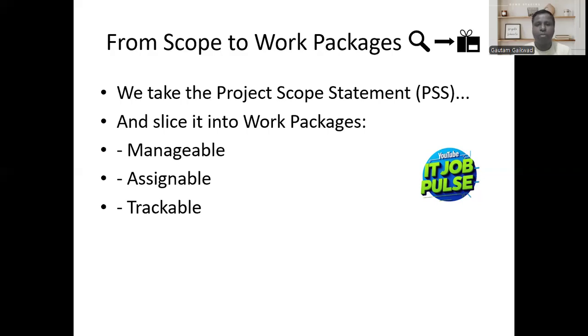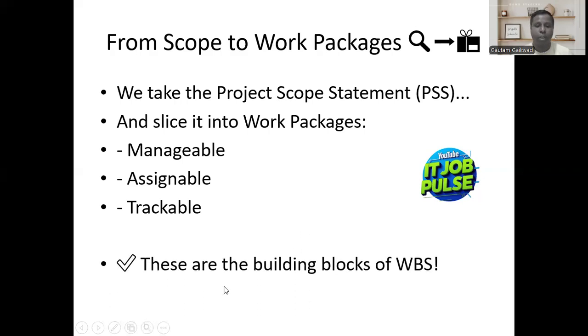Work breakdown structure consists of work packages, which have to be manageable, assignable, and trackable. These are the building blocks of WBS. So WBS is work breakdown structure, and the blocks are work packages.